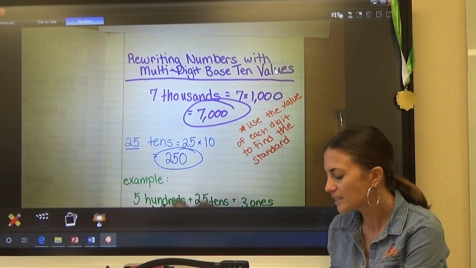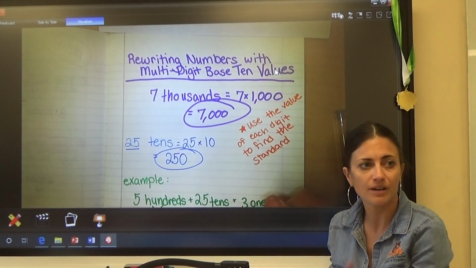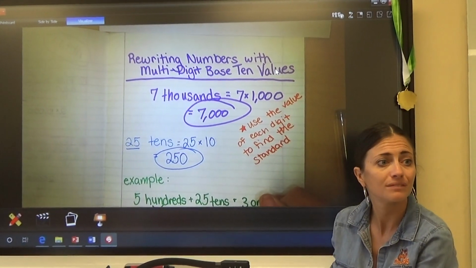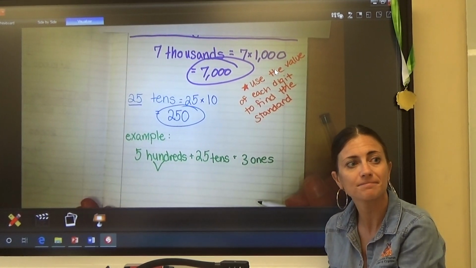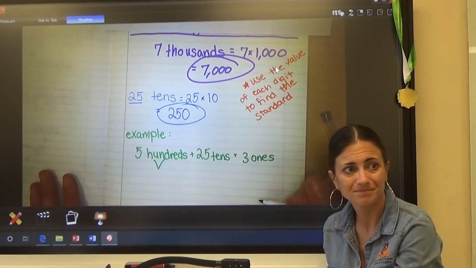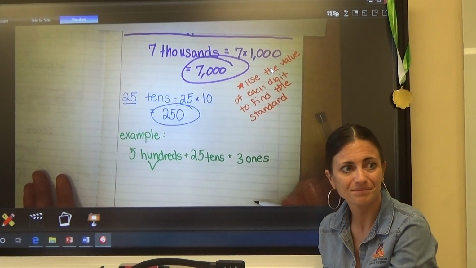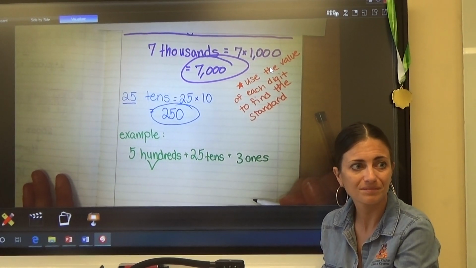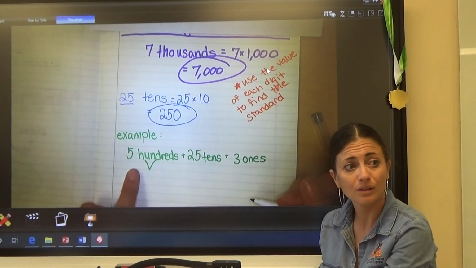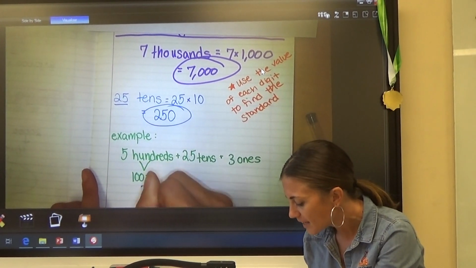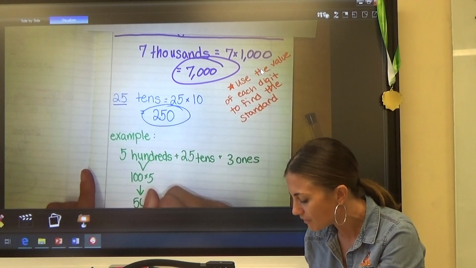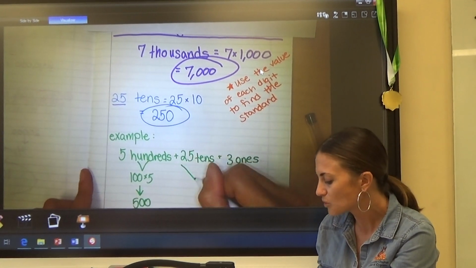500s. What is our value of 500s? 100 times 5. Good. 100 times 5, and that gives us a value of 500. Now we have 25 tens.